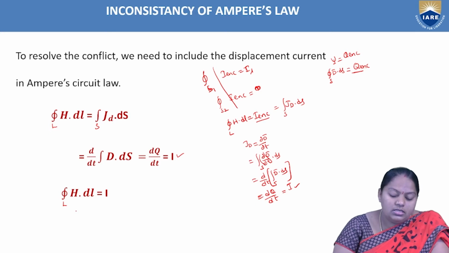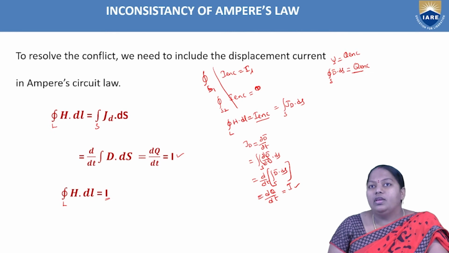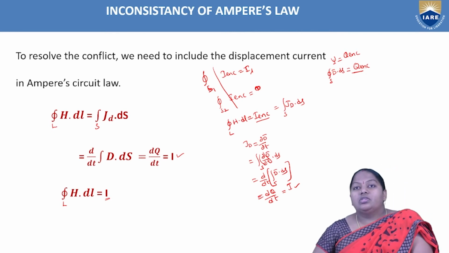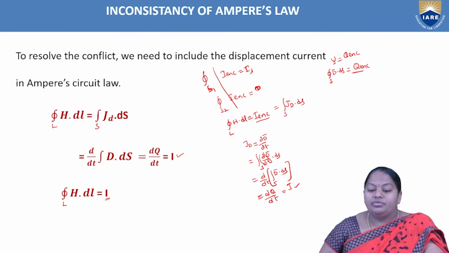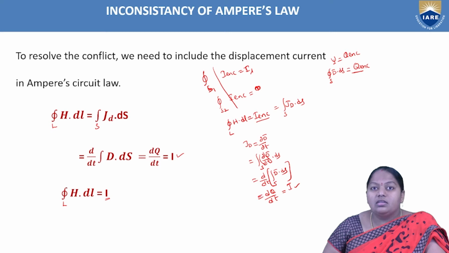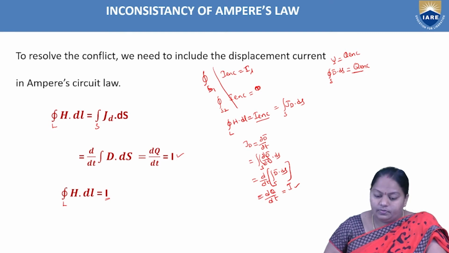Hence, the closed line integral of H dot dl is equal to I according to Ampere's circuit law. So this inconsistency is eliminated by adding displacement current, along with the density we have analyzed.